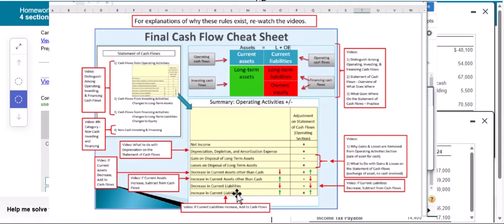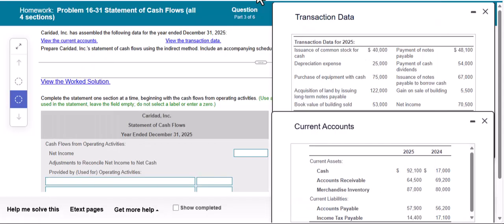So we first need net income and then add in depreciation. Our net income is over here. We've got 70,500, so we can go ahead and copy paste or type it in. 70,500 in net income.